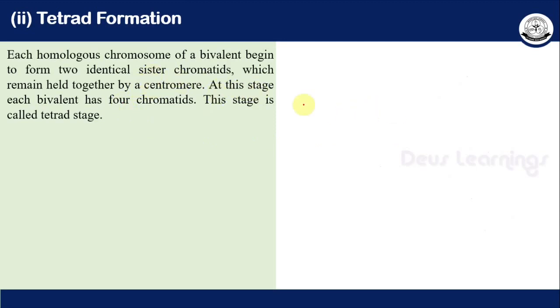Okay, then tetrad formation. In tetrad formation, each homologous chromosome of a bivalent begins to form two identical sister chromatids which remain held together by a centromere.